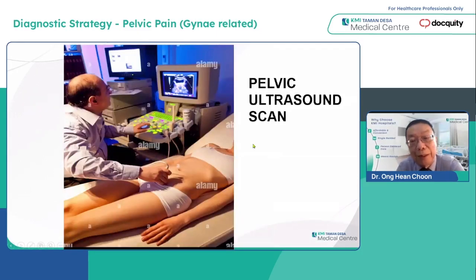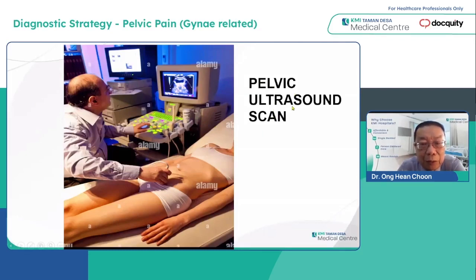When things get complicated, you refer to a gynecologist, or most of the doctors I find in private practice do have access to a pelvic ultrasound machine, and they have been trained to do bedside ultrasound scanning.